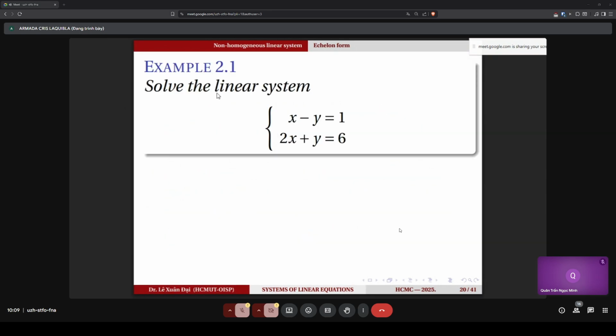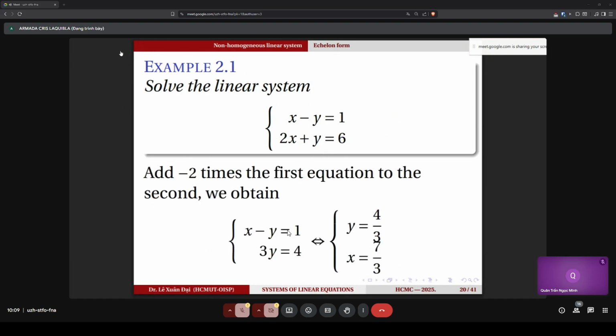Next, example 2.1, solve the linear system. Your calculator can do this directly, and you can have 4 over 3 for your y, and then x is equal to 7 over 3. But if you solve this, we add negative 2 times the first equation to the second equation to eliminate the x, because this is x here and this is 2x.